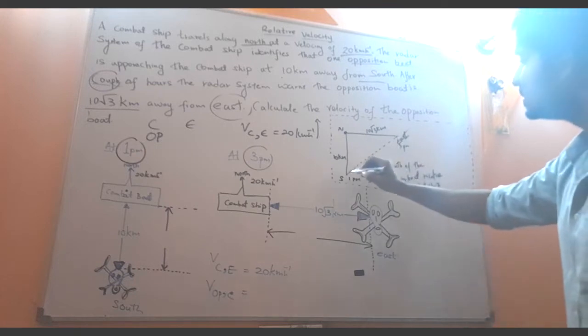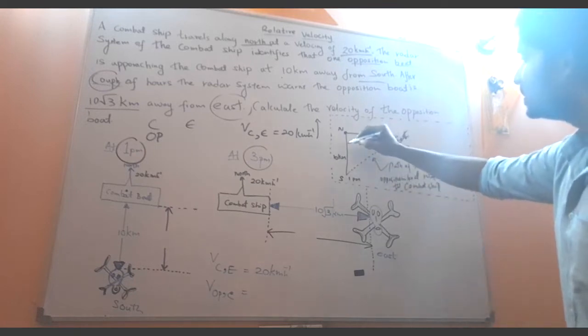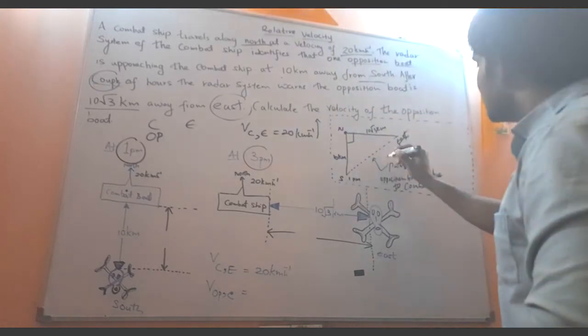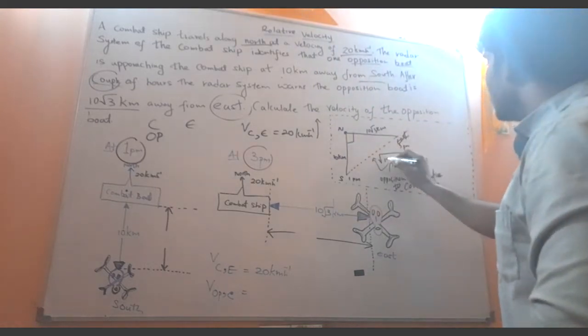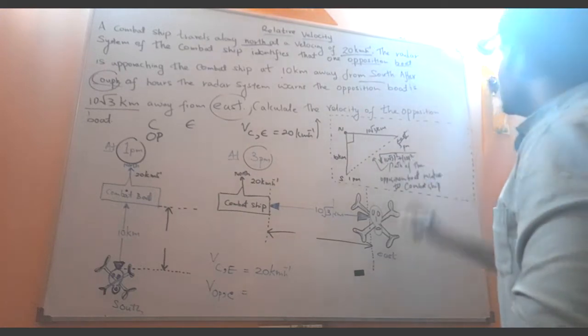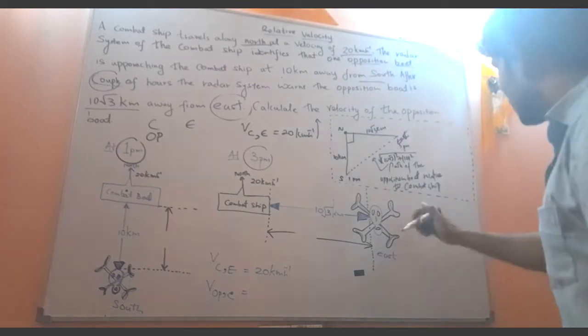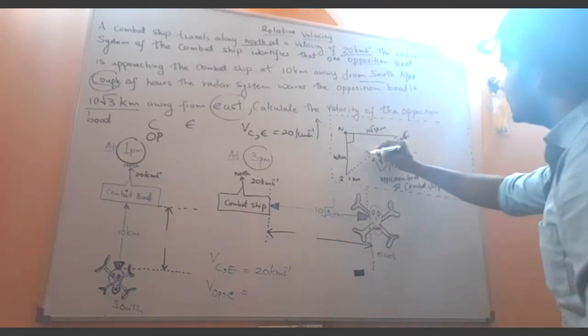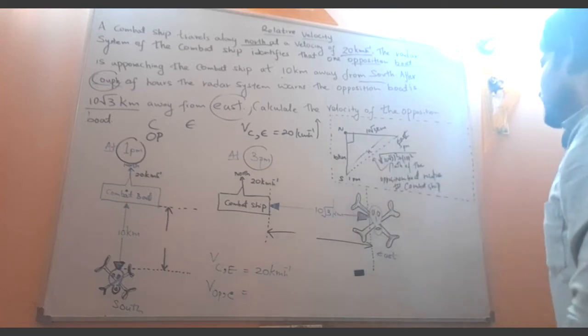So then what is this distance? You know, this is a right angle there. So this distance is square root of (10 root 3) whole squared plus 10 whole squared. Let's call this x. So what is x?